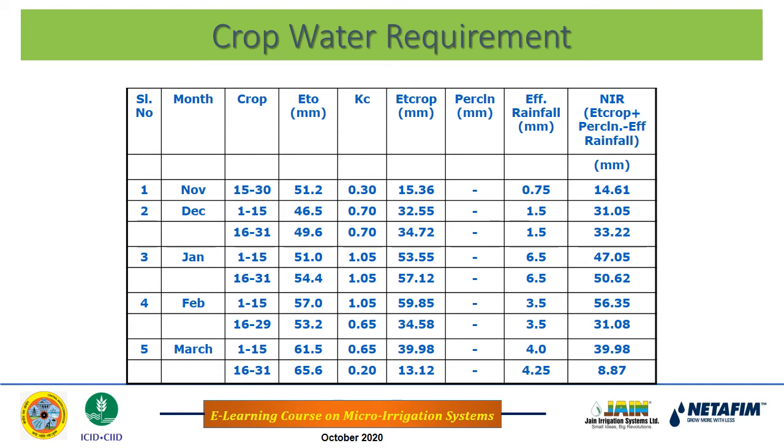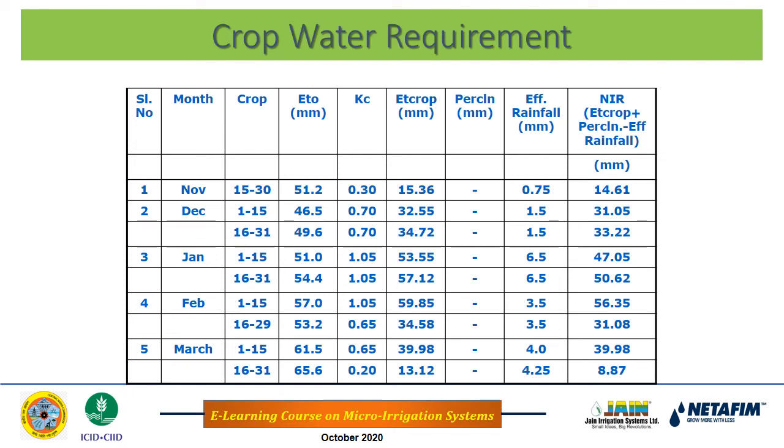Similarly, if we have n number of crops, if there are 10 crops or 5 crops or 6 crops to be grown in the area or in our command to be fed from our system, we need to work out for each one of them accordingly, and also work out the water requirement during various fortnights, 10 days or months.